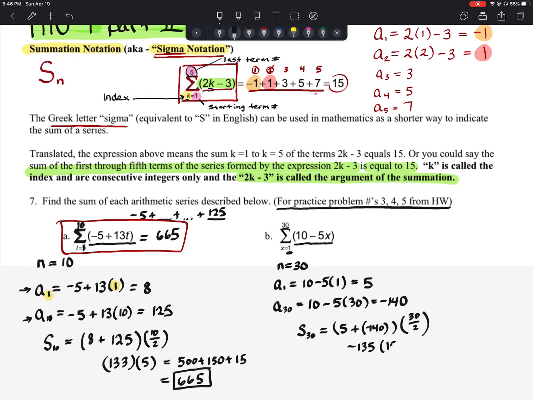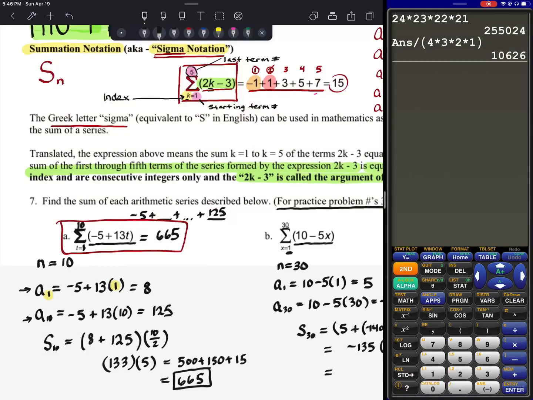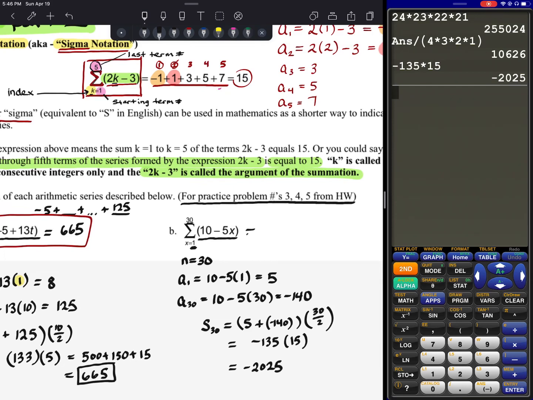I'm not really feeling the mental math tonight, so let's just grab a calculator and do that. Negative 135 times 15. We get negative 2,025. And that is the answer we could write up here with our summation notation. This equals negative 2,025.